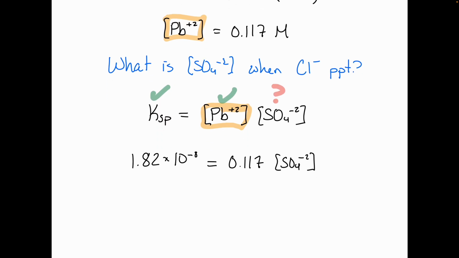All right, so I'm just going to take that Ksp, divide it by 0.117, and I get what should be a very tiny number. 1.56 times 10 to the negative 7, 1, 2, 3. Cool. Molar.